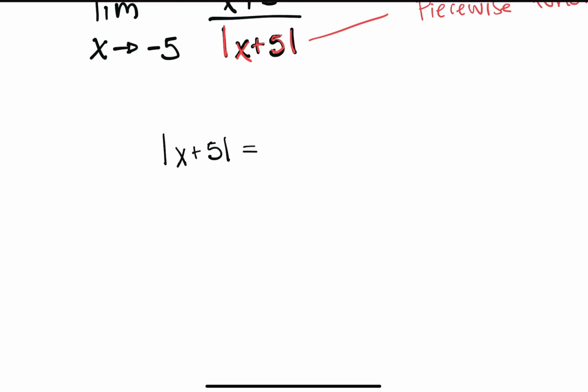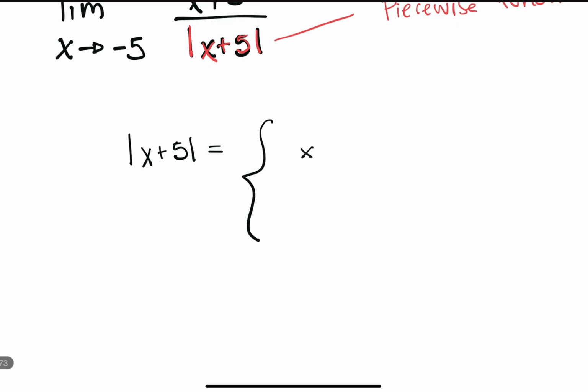And this is equal to, so for our original piecewise format with our absolute values, we have x if x is greater than or equal to 0, and then negative x if x is less than 0. But now let's use what's inside of our absolute value, since we have a little bit more information inside of our absolute value signs.